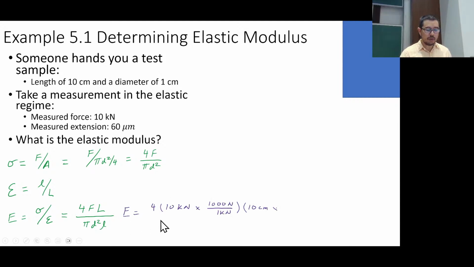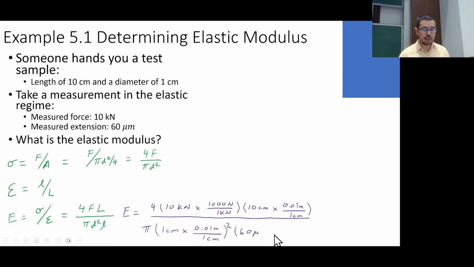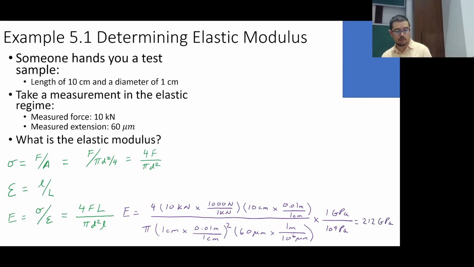we can go ahead and calculate. So here we go, converting, and converting here as well, and getting the delta, and then getting over to gigapascals, and voila, that's the result.